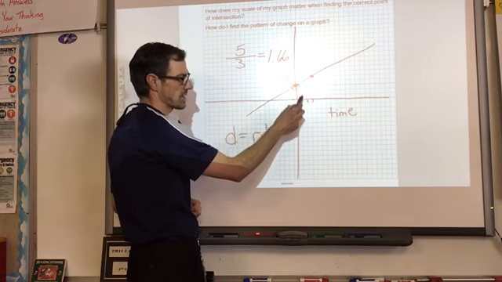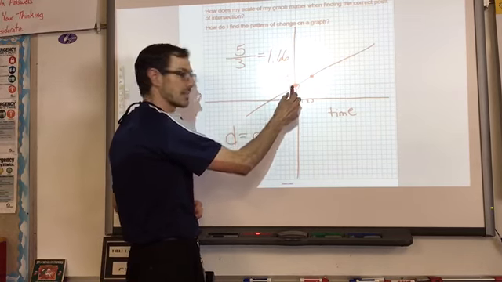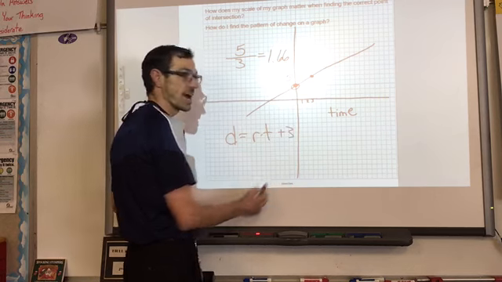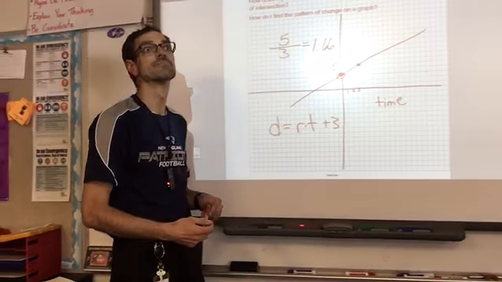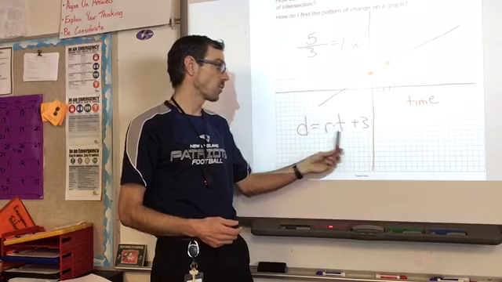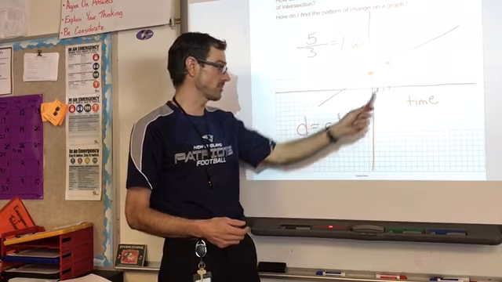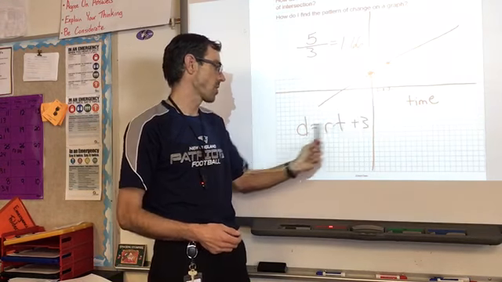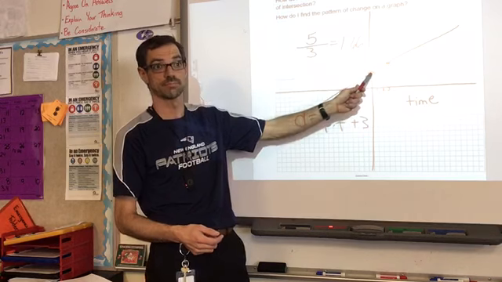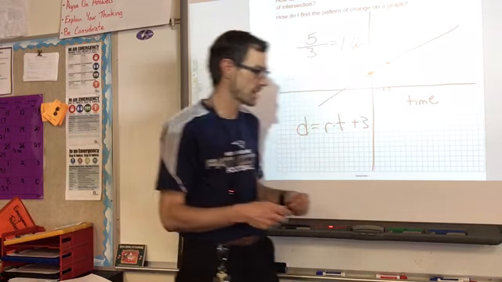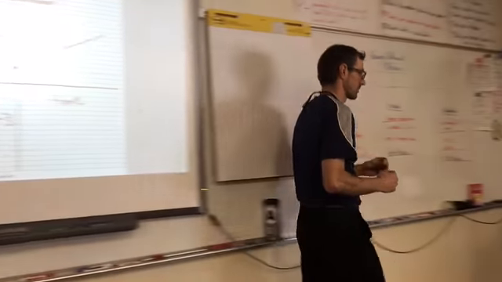D is this value right here, and here it's 1, 2, 3. That means I have to add 3 to that equation. Because when I put 0 in for time, which is here, what comes out? 3 comes out. That's what the graph tells me. Does that make sense? That's your y-intercept. Okay.